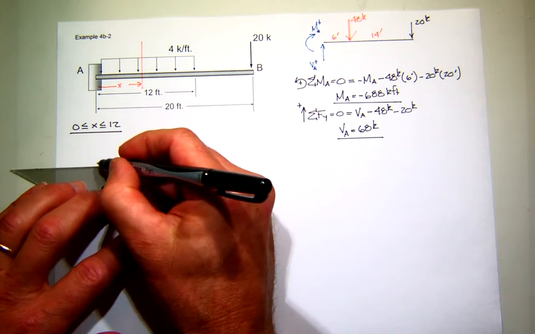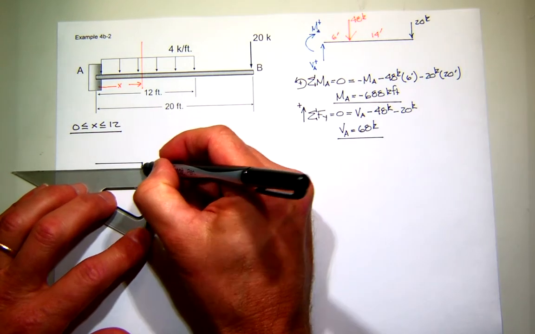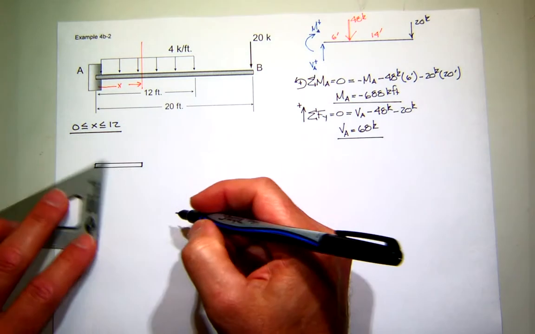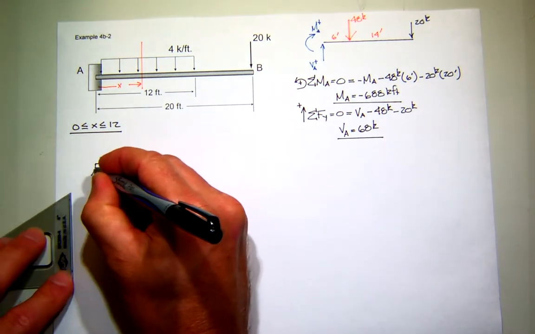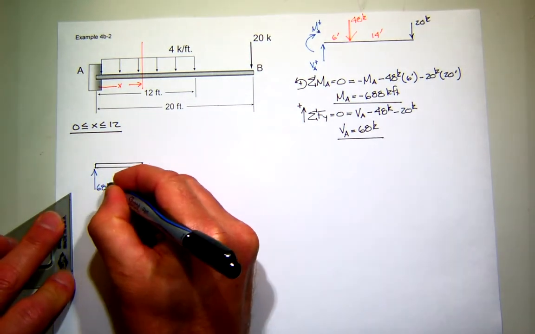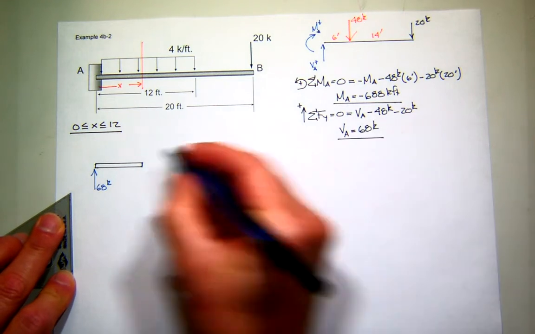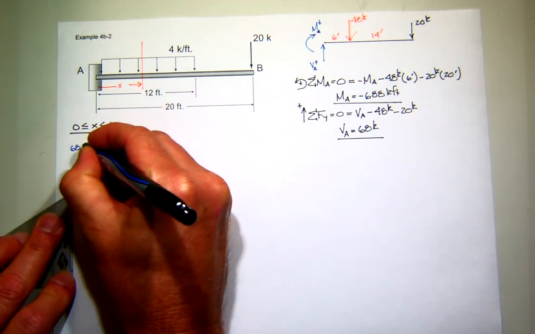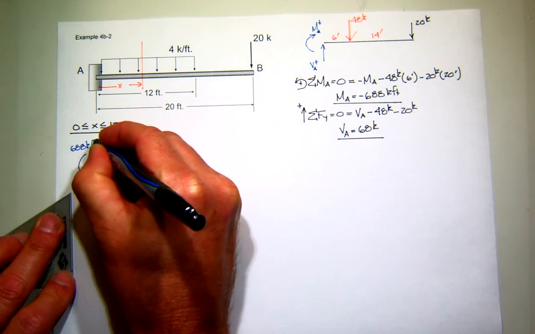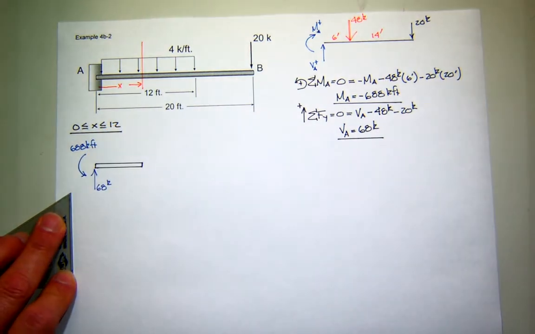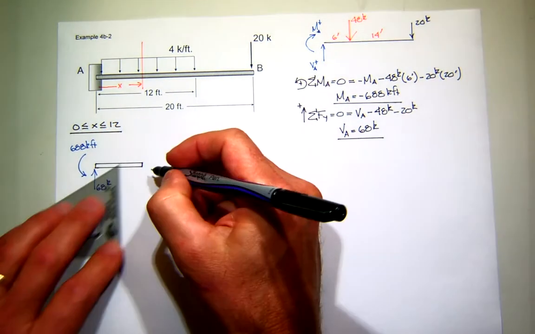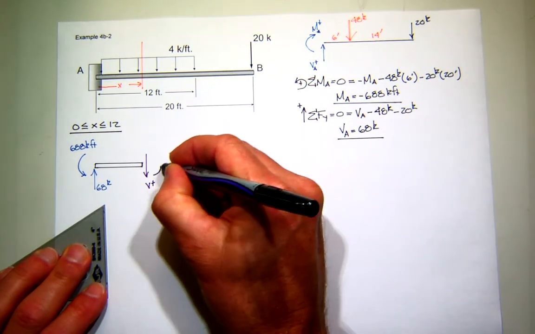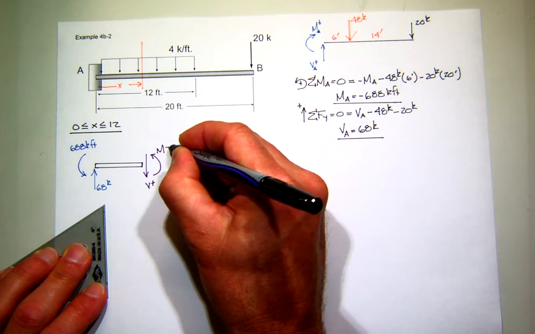So this is what my free body diagram is going to look like. We found that the shear was positive and 68 kips, and that the moment was negative, and it was 688 kip feet. And then I'm going to assume positive shear and positive bending moment.